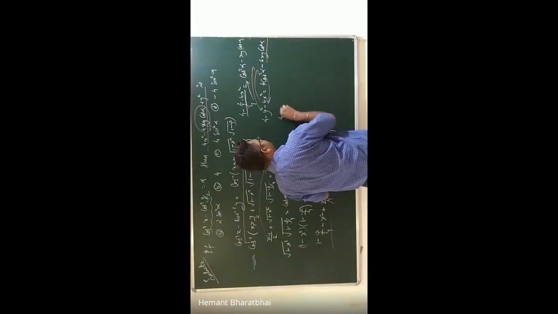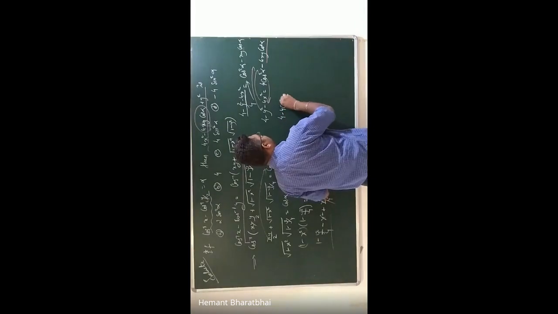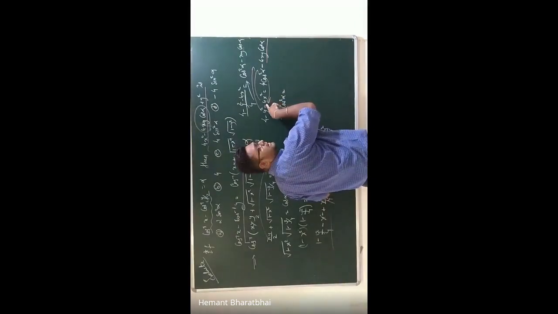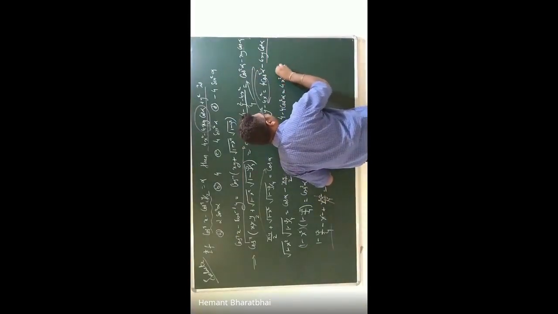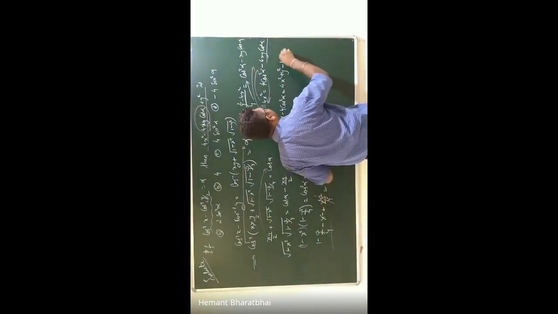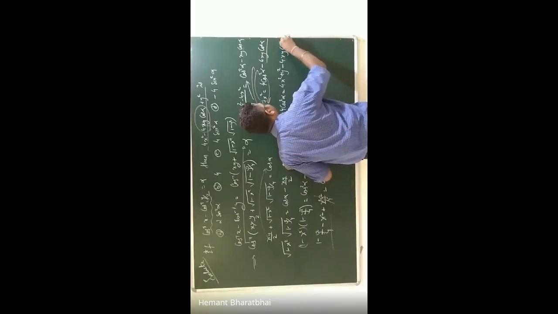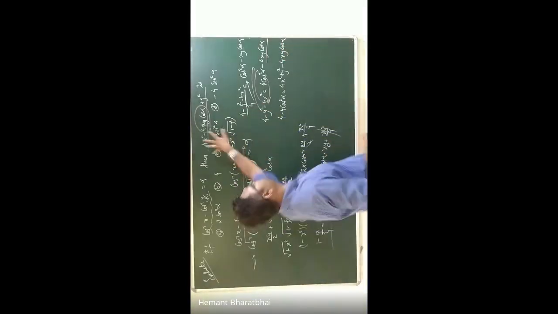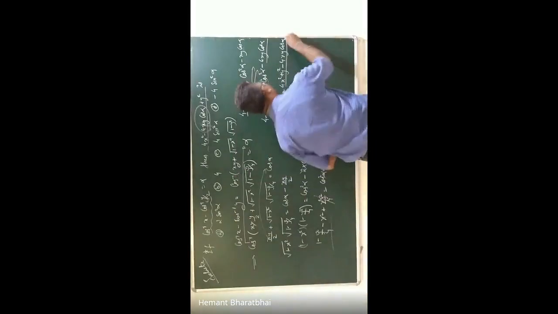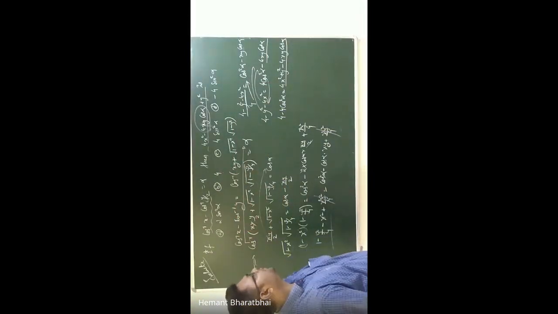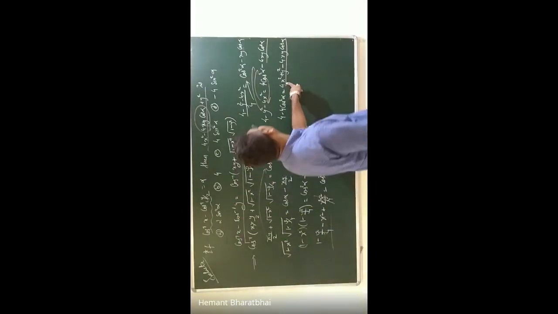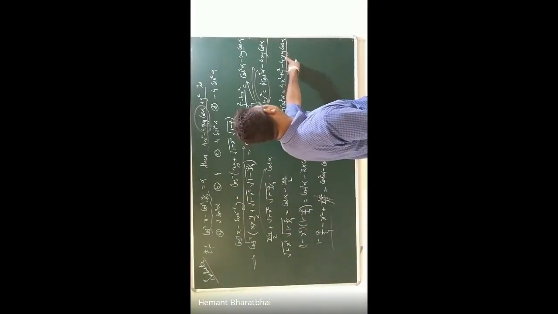I'll get 4 minus 4 cos square alpha is equal to, this is minus, that will go, so it will become plus, 4x square plus y square minus 4xy cos of alpha. So this entire term we have got over here. This is what is asked of us: to find the value of 4x square minus 4xy cos alpha plus y square.